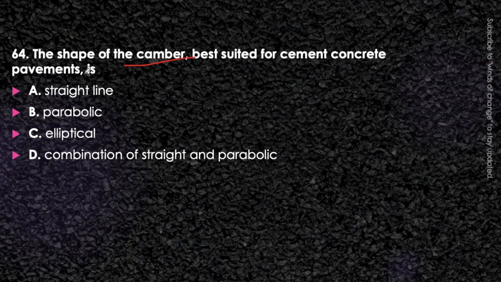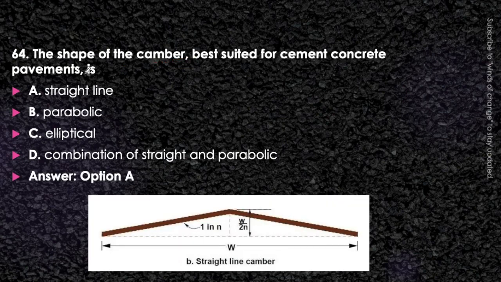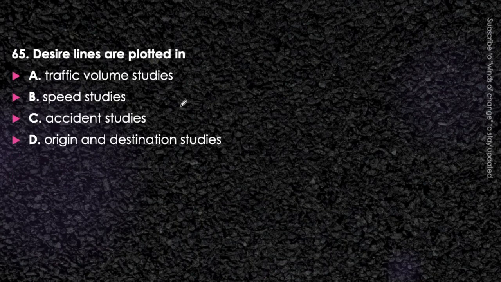It is very easy to guess because it is composed of cement concrete, so we cannot easily provide a parabolic or some other kind of shape. The shape adopted will be the straight line. That is option A, the correct answer. Straight line camber is usually adopted in the case of cement concrete pavement. Memorize it.